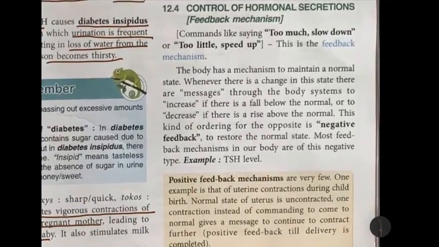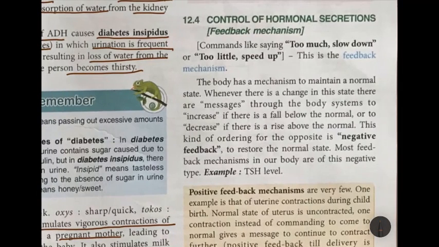Now finally we come to the control of hormonal secretions in our body. There are commands going on in the body, like saying too much, slow down, you are producing too much, slow down, or too little, you are producing too little, speed up. This is known as feedback mechanism, because the body has a mechanism to maintain a normal, balanced state.